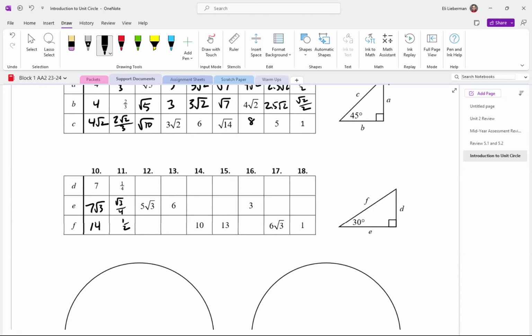Brandon, I got 5 and 10. Thank you. Dylan, number 13. 2, 3, and 4, 3, you said? Okay, thank you. Number 14, Sienna. 15, Chloe. 6.5 and 6.5 root 3, you said?